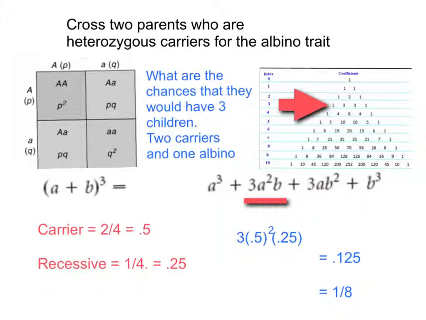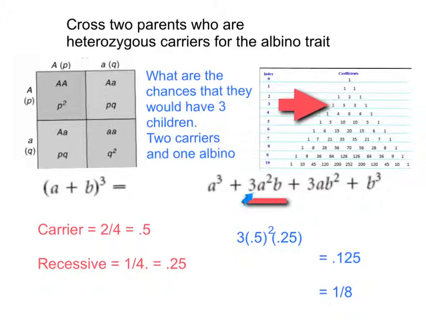Now we're going to say that A is going to be a carrier, and we're going to say B is going to be the recessive. To be a carrier, that would be this box and this box, which would be 2/4 or 0.5. To be the recessive, that would be 1 out of 4, which would be 1/4 or 0.25.